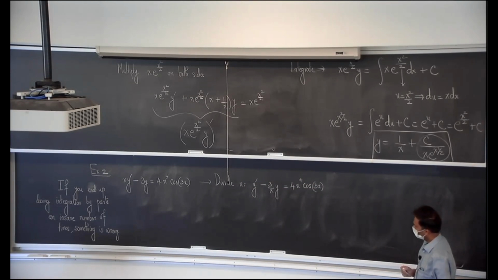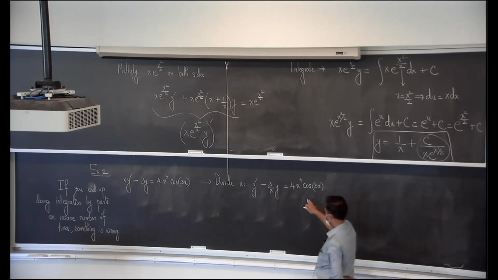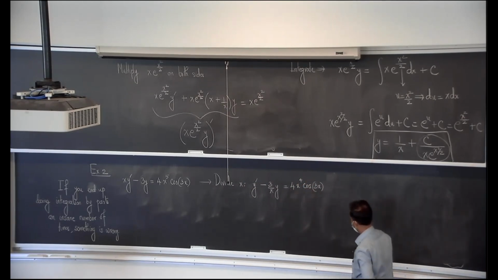Okay, so divide by x on both sides to reduce the degree on the right-hand side by 1. So it becomes 4x to the power of 4 cosine 3x.